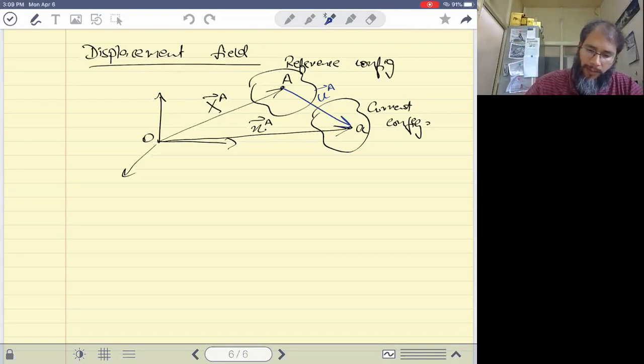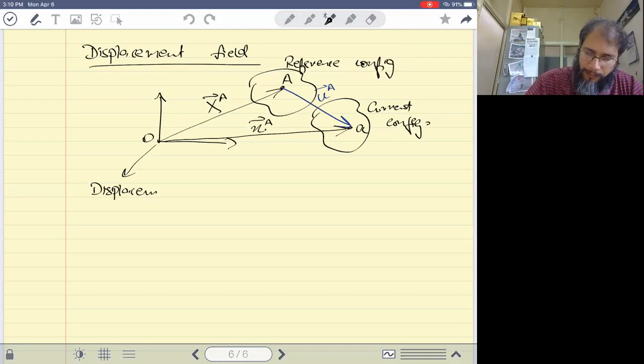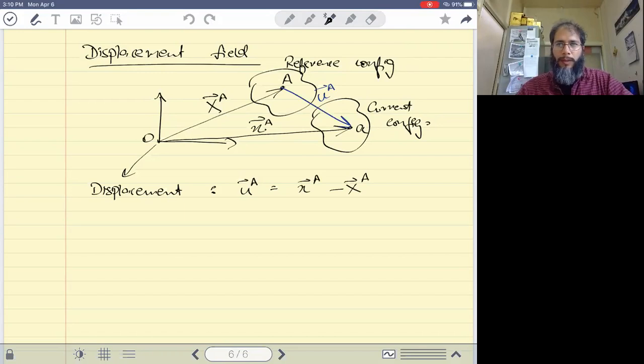So you can see that in the vector form I can write displacement like this. Now that's only for particle A.